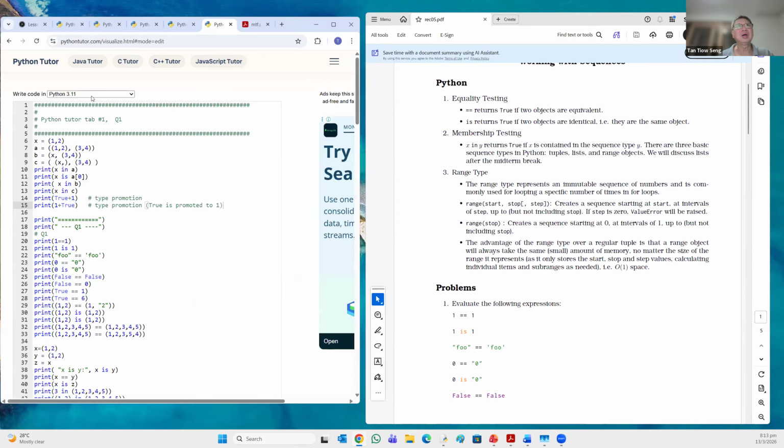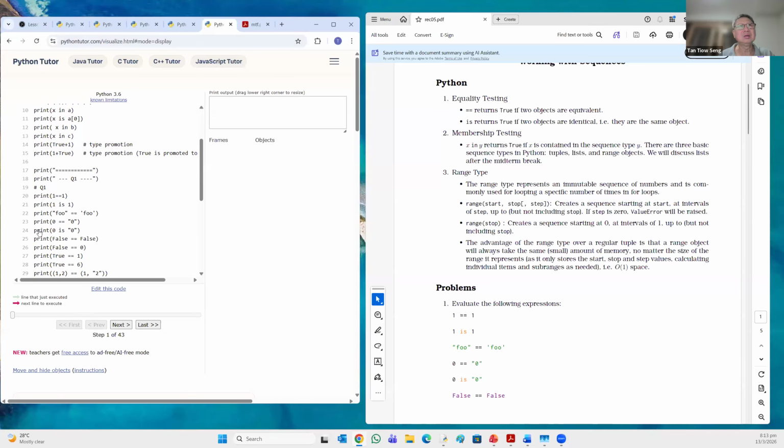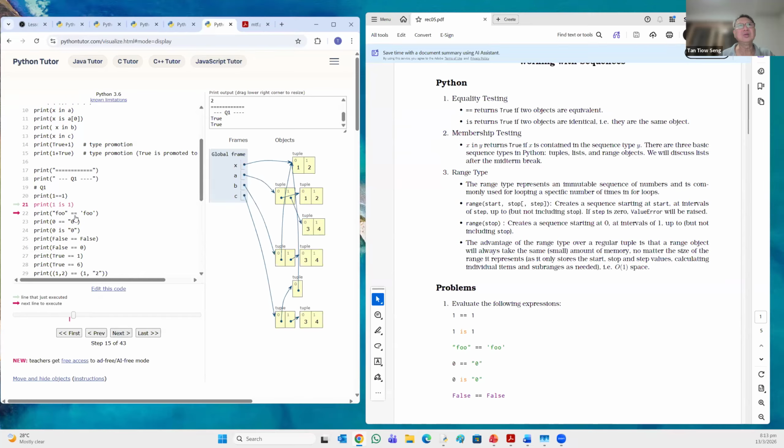Oh, let me try 3.6. There's no difference. 1 is a primitive type. A primitive type is going to be the same as the primitive type. There's only one 1, it points to the same thing. In this case, well, you can say that, but it's just a number.